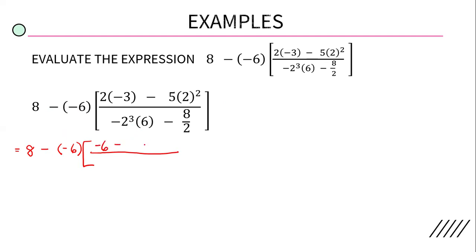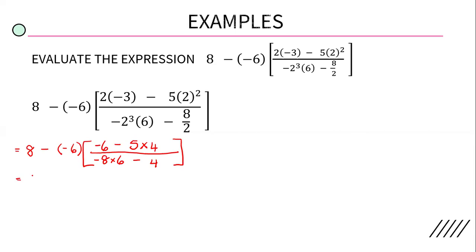We have our negative sign, 5. 2 raised to the power of 2 is 4, so that's 5 times 4. Denominator, we have our negative sign, 2 raised to the power of 3, which is 8, times 6, subtracting 8 divided by 2, which is 4.